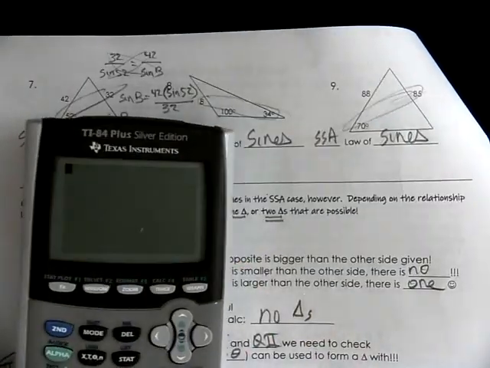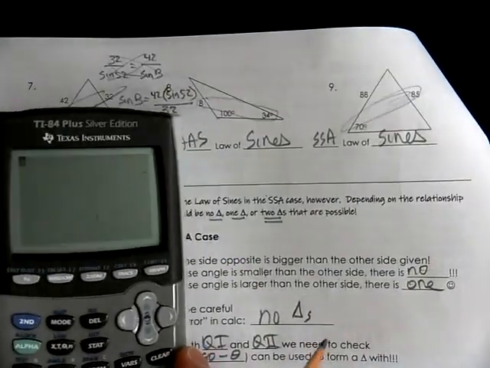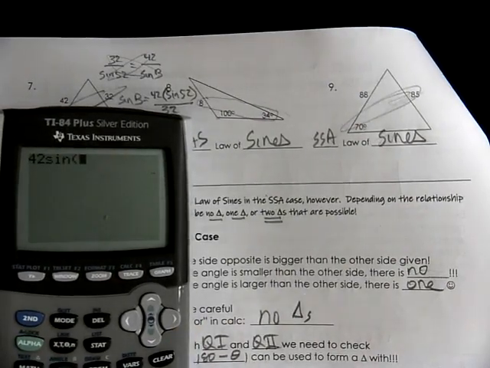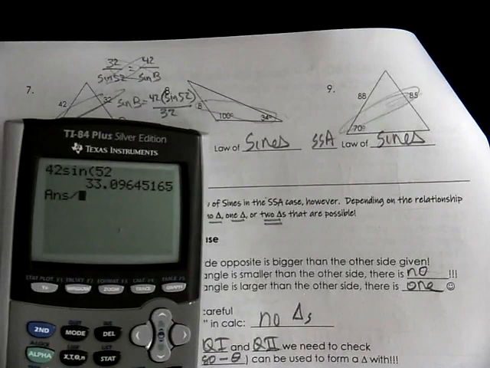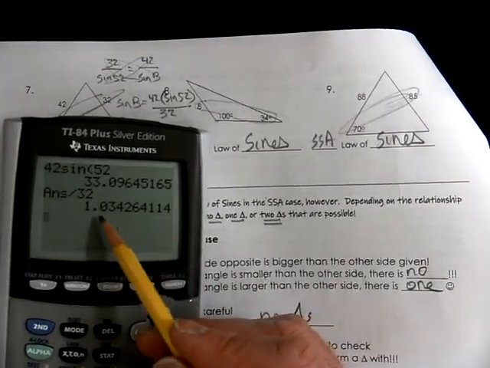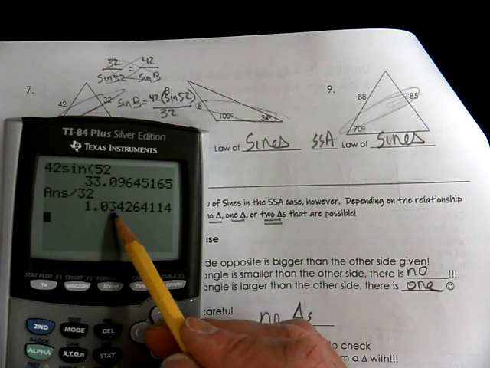Let's see what we get. We have 42 times the sine of 52 divided by 32. That gives us a value that is 1.03.